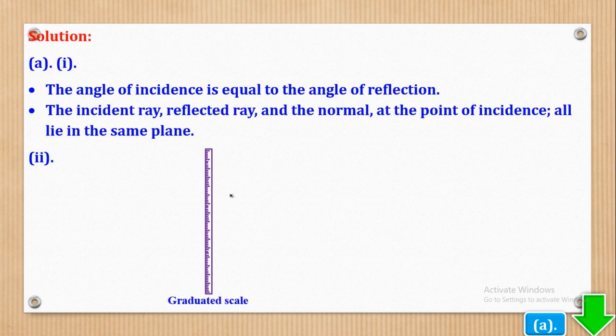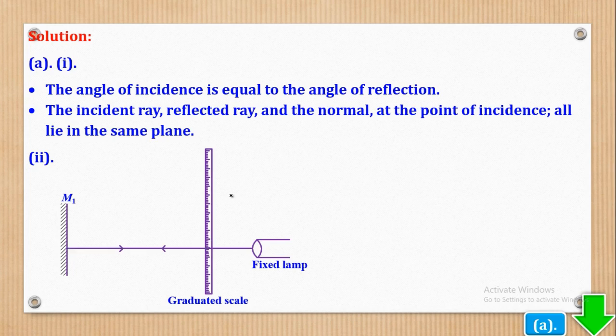So that is a graduated scale. Then we have that fixed lamp. Then we have the mirror, which can be rotated. So when a ray from the lamp is incident normally on the mirror, then it is reflected back along the same path, and this point is noted.